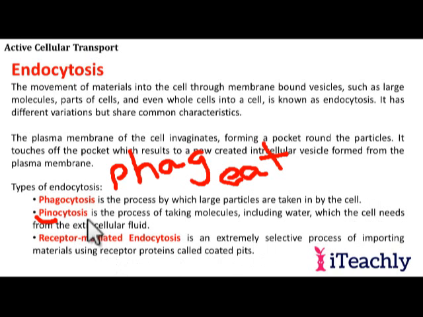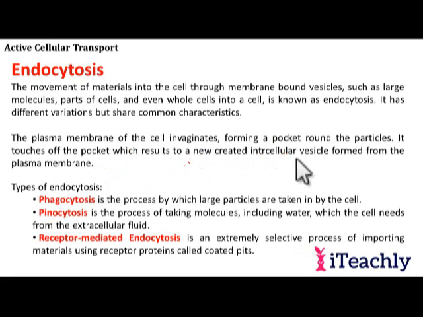Okay, Pino, P-I-N-O, cytosis. This is liquids. So Pino involves liquids. Now the only way that I can really remember that, or tell you to remember that, is that there's a wine called Pinot Noir, and it's a liquid, so I just remember Pinot is liquid. I guess you could think of peeing being liquid. I don't know. Whatever works.